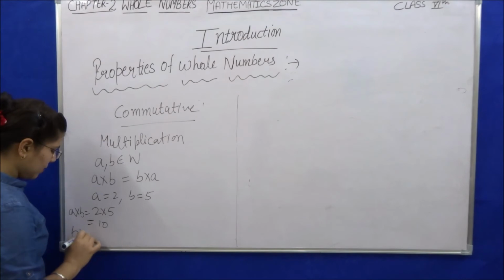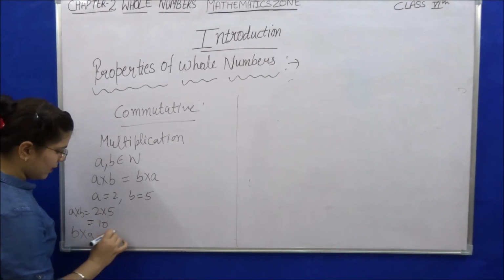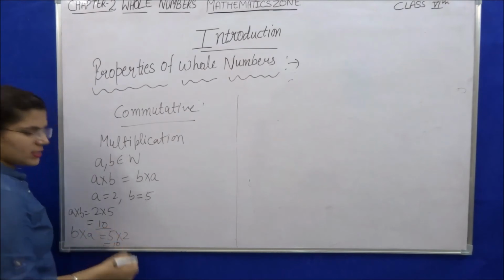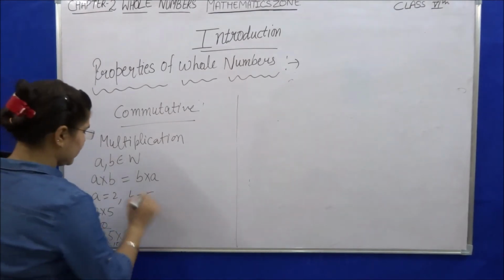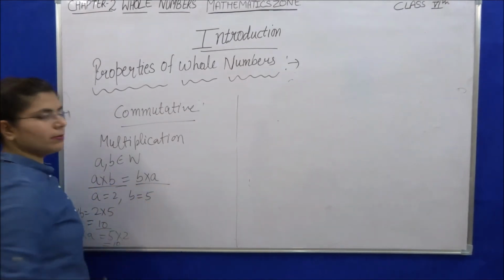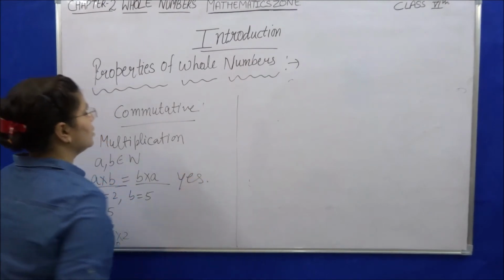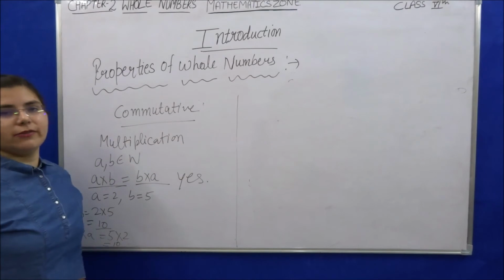Now B multiplied by A will be 5 multiplied by 2, which is equal to 10. So left hand side equals right hand side. That means yes, multiplication holds under commutativity.